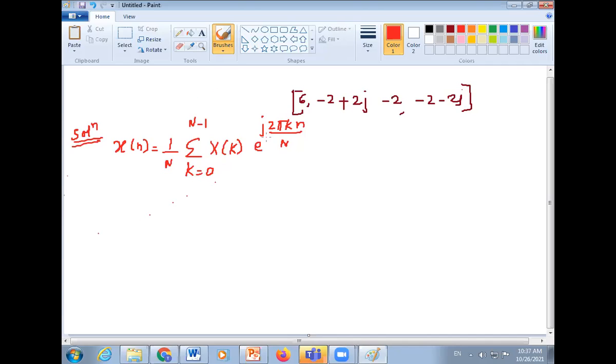So this is the formula of IDFT. And suppose if I want to calculate IDFT with a matrix method, I can write it as x of n is equal to 1 by N into W_N to the power minus kn into X of k. This is with matrix method.